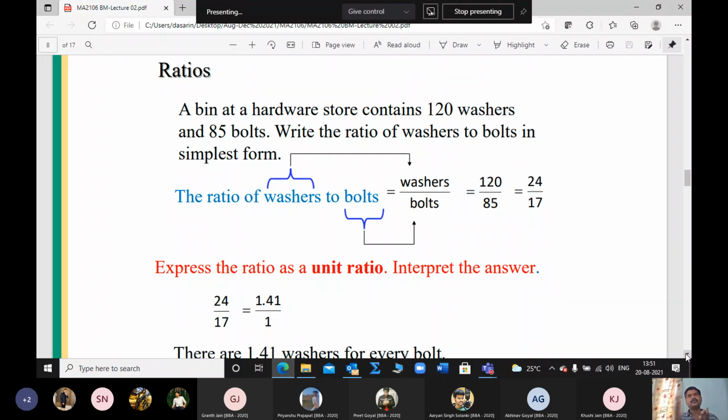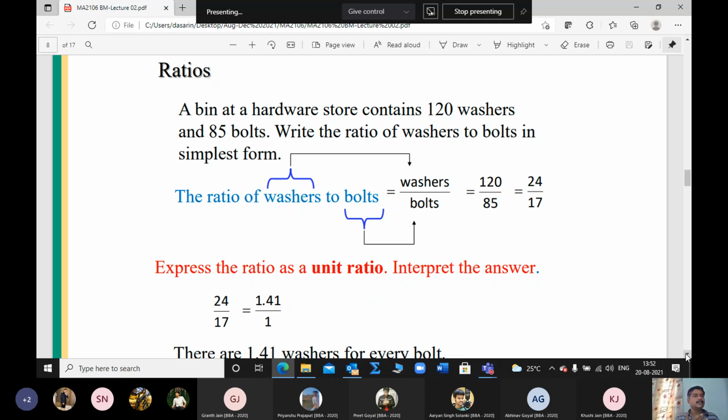Whenever you find the word "to", whatever comes after "to" comes under the denominator. That you always have to remember. If you go back to the definition, ratio of 12 to 17, we put that 17 in the denominator. Similarly, in this hardware shop there is a bin with 120 washers and 85 bolts.